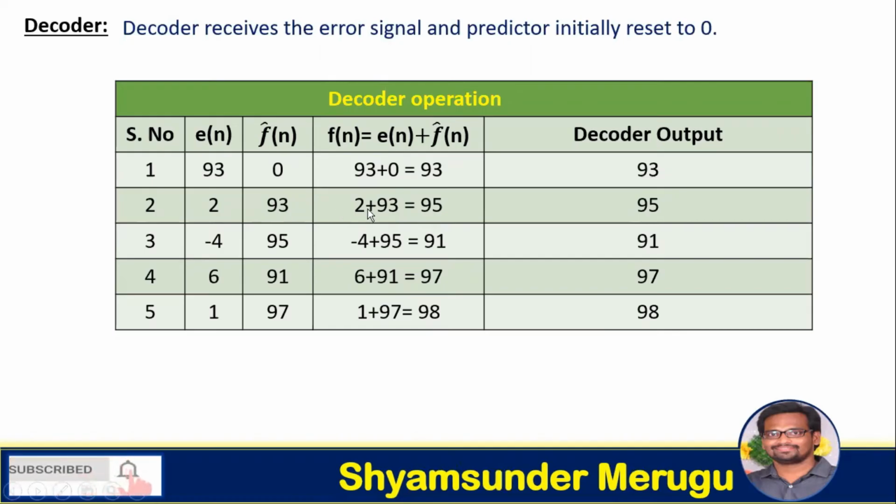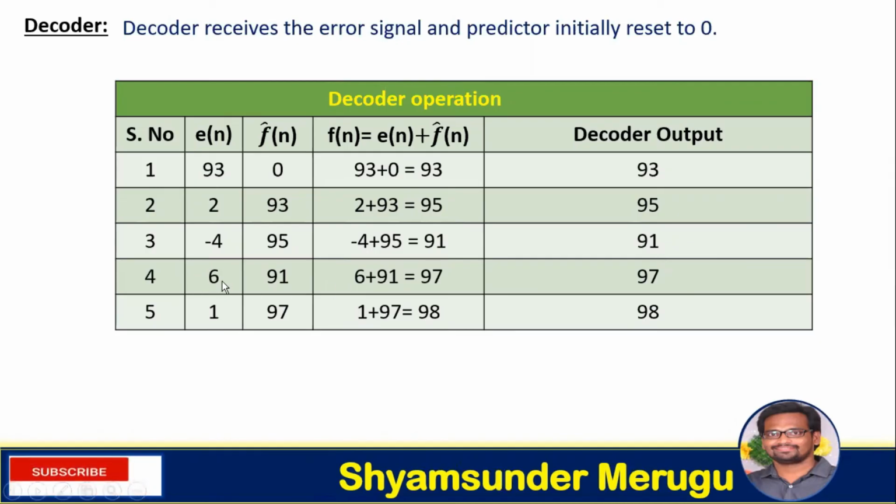Now 2 plus 93 is 95. So the decompressed value we get is 95. The next error sample is -4, and the predictor has the past value 95. Then -4 plus 95 gives 91. So the output we get is 91.